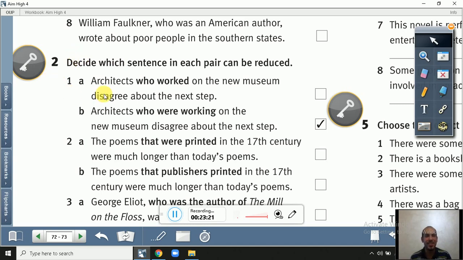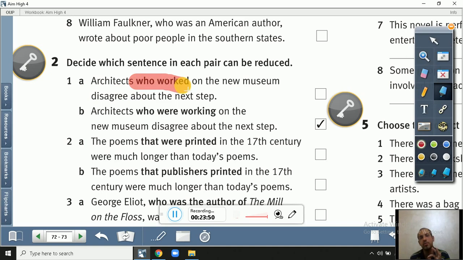Now decide which sentences in each pair can be reduced. In this exercise, for each branch we have 2 sentences, and your duty is to decide which one of them could be reduced. Here we have who worked. Our concern is the relative clause.